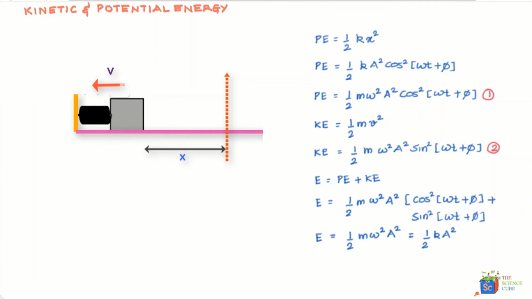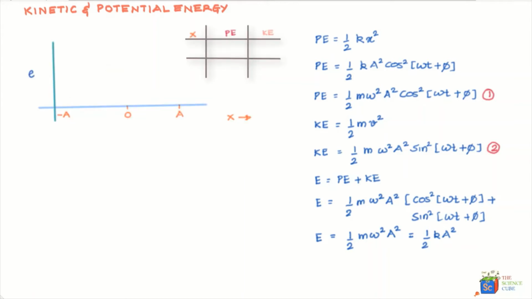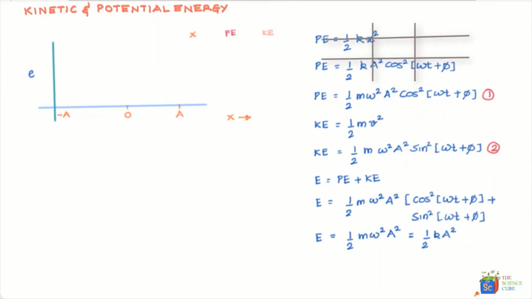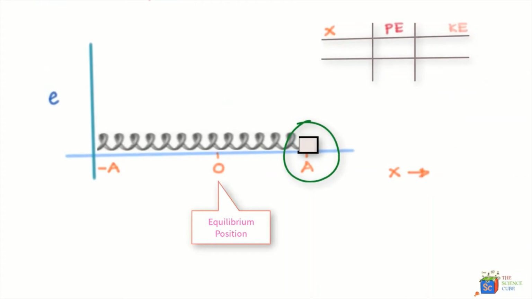Now, if we look at the figure that is given, we consider our case at different points, how kinetic energy changes into potential energy and potential energy changes into kinetic energy.